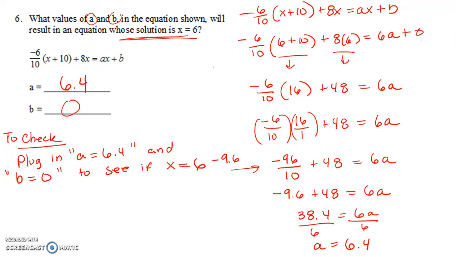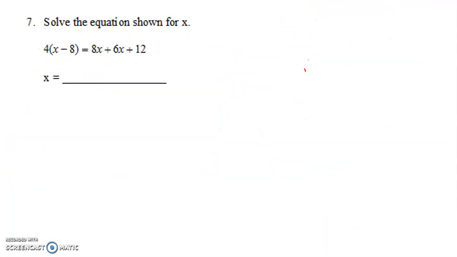It's the same way we plugged in all this other information to figure out what a equals. By plugging in b and a, you can see what x equals to make sure that your solution is x equals 6.